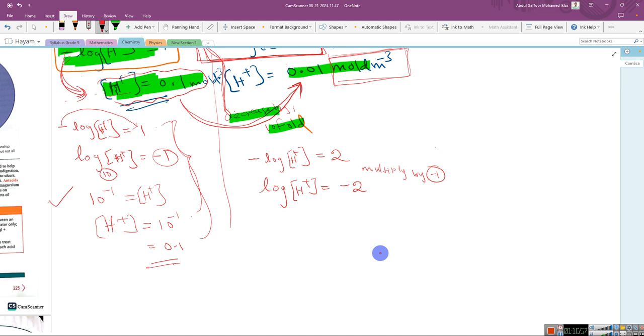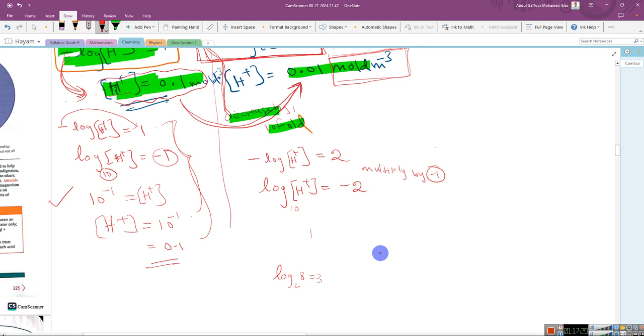So you see this now. What I have taken is minus log H plus is equal to 2. Now I am going to multiply this equation by negative 1, so it has become like this. Now here, the base is 10, right? As we have already discussed, for example, if we have log base 2 of 8 is equal to 3, here instead of 2 we have 10.